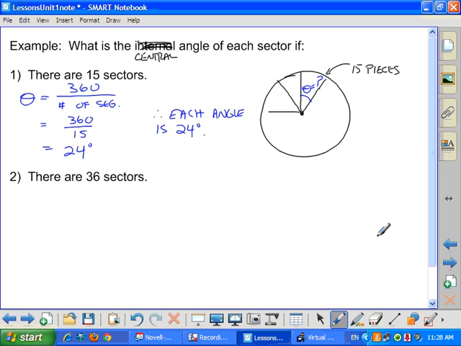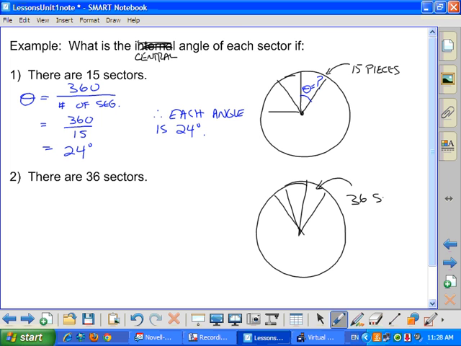Last example here. Now there are 36 pieces, or 36 sectors. If it was an actual piece of pie, you wouldn't be getting a whole lot if you cut the pie into 36 pieces.